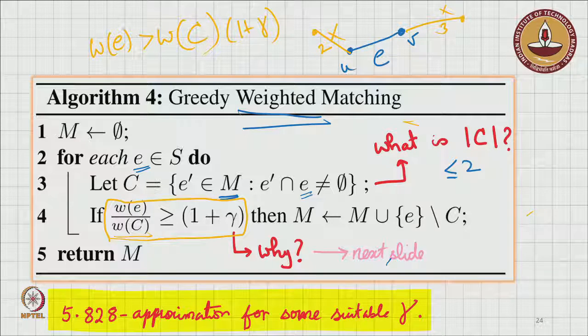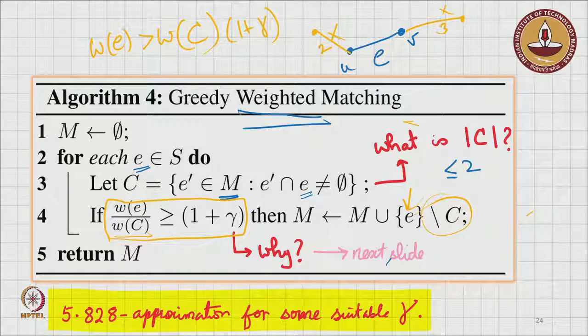Okay, so if this edge E obeys this inequality, then we throw away C. So we remove C from the matching and we include E into the matching, only if it is good enough. Okay, and we do this for every edge in the stream, and we finally return the matching M.